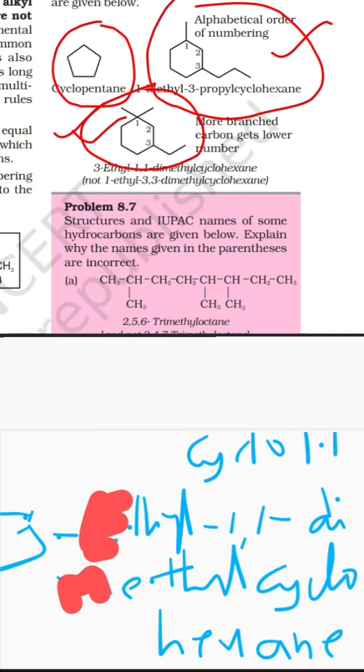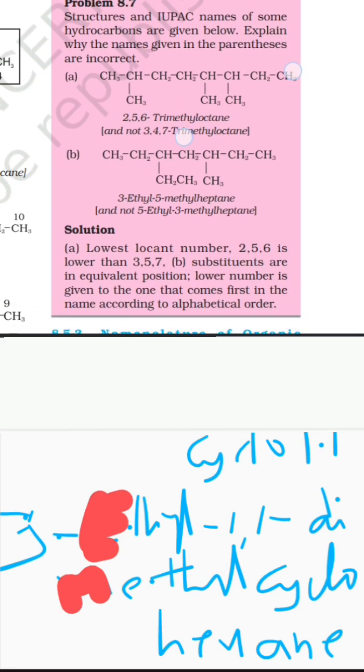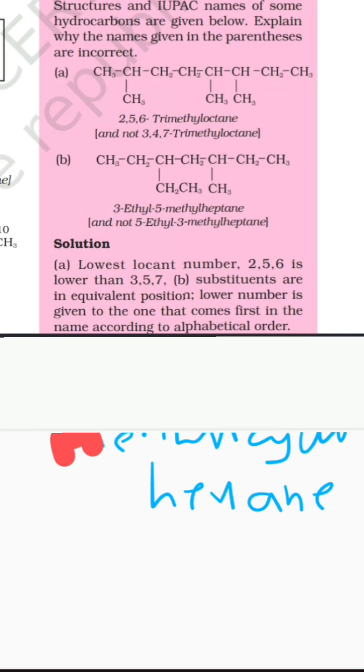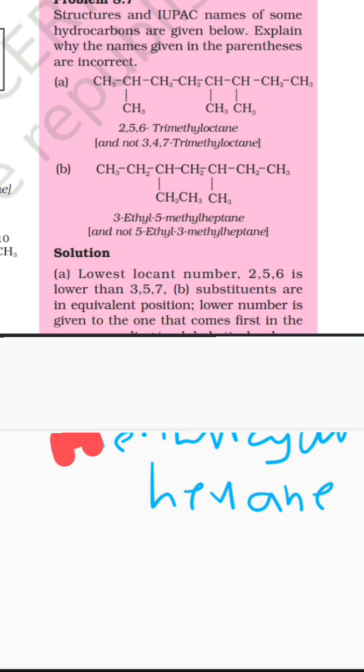Okay, so now let us see some problems are given here. What is that problem? Structures and IUPAC names of some hydrocarbons are given below. So this one hydrocarbon, this one structures are given, and names also given. 2 names are given.